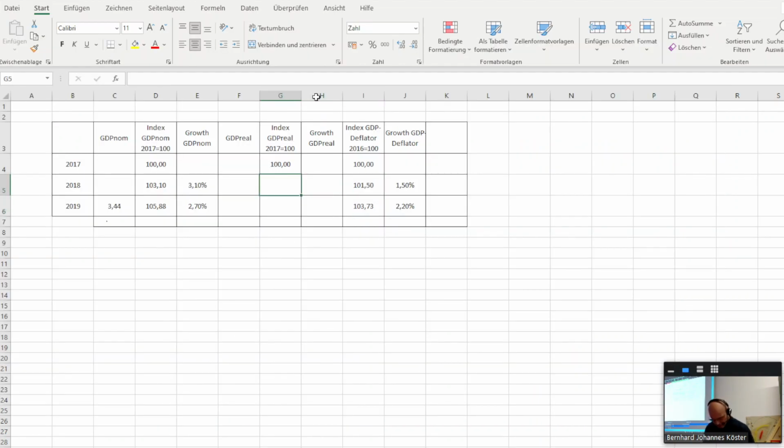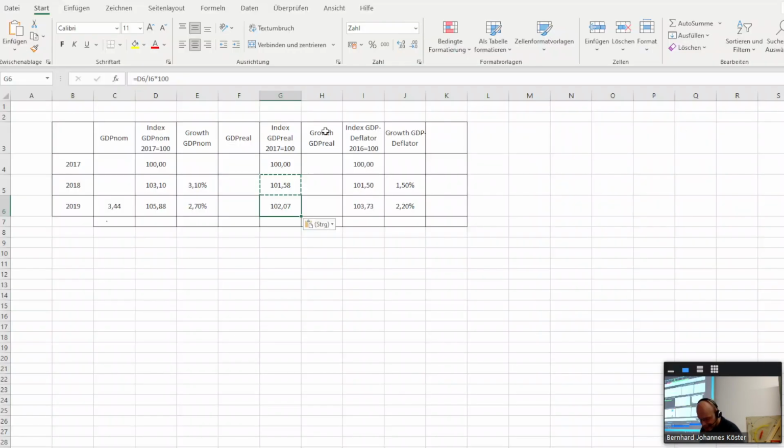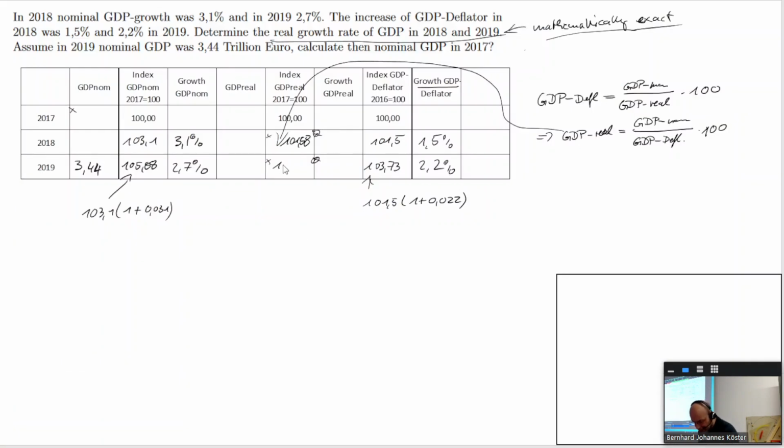So this one is then nominal GDP over the GDP deflator times 100. And here the same, 101.58, 101.58, and 102.07.